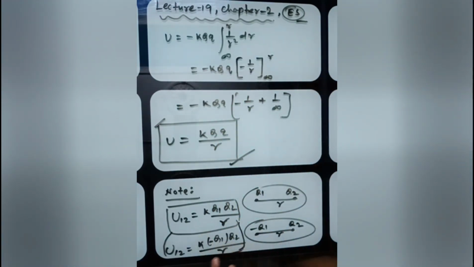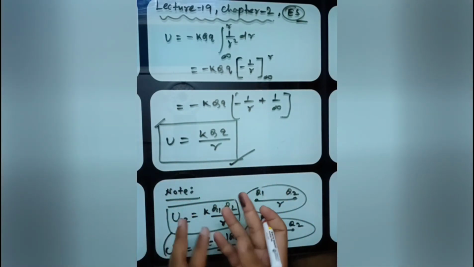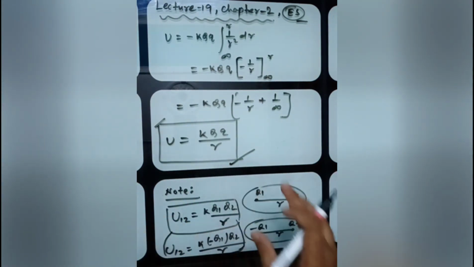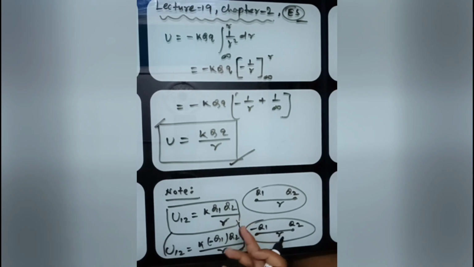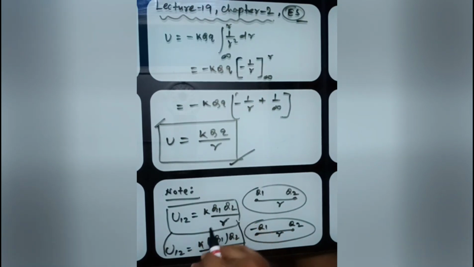That's why we get positive or negative. But there is no change in the magnitude of potential energy. Remember, magnitude is not going to change. It is only telling you whether the system has two charges, positive or negative, nothing else.